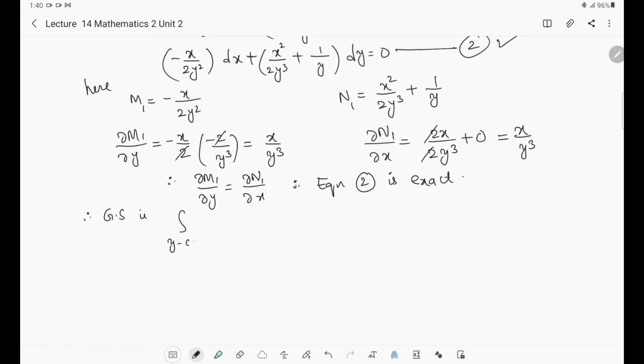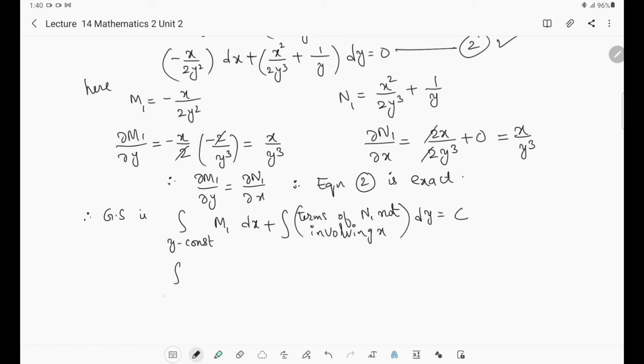For an exact equation, integral with y constant of m1 dx plus integral of terms of n1 not involving x into dy equal to constant, right?